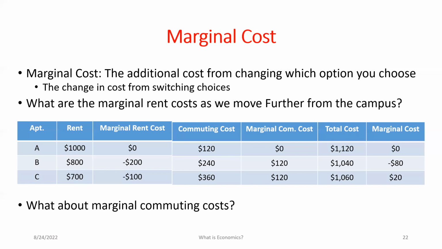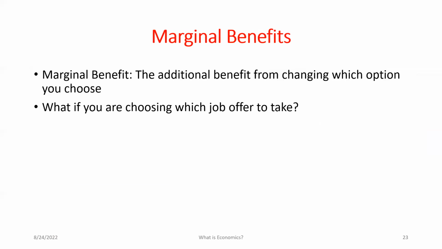So this idea of marginal we'll use a lot, and it won't always be just marginal cost, it might be marginal benefits, right? If I choose to do something, what are the additional benefits? So marginal benefits would be the additional benefits from choosing a certain option.